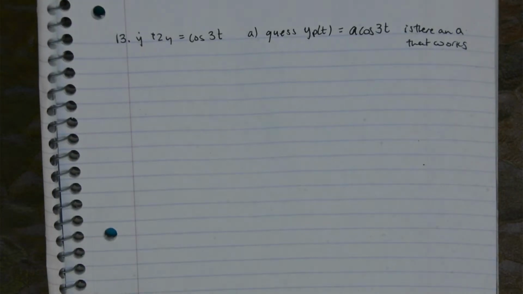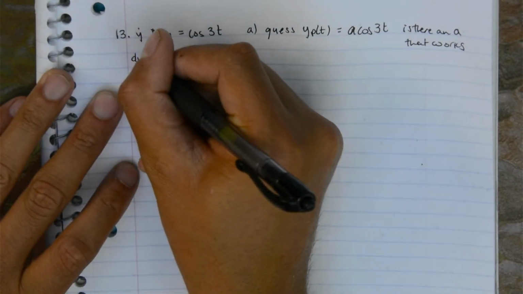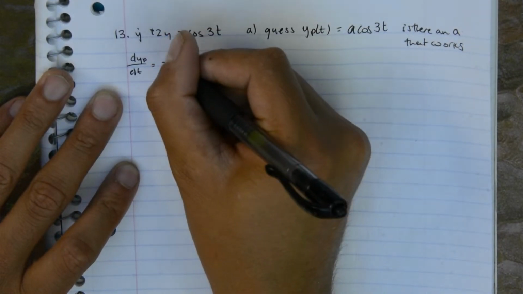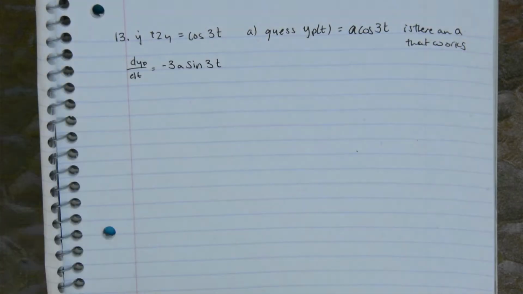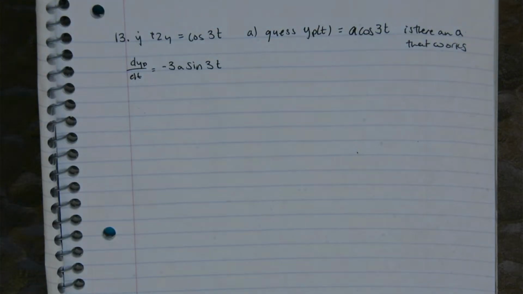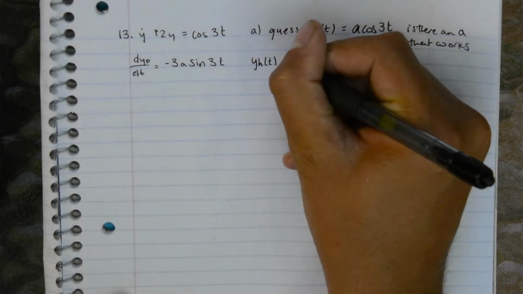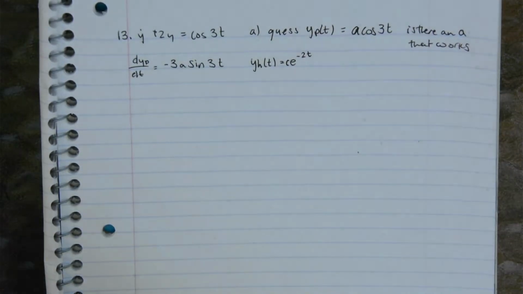So dyp/dt is equal to minus 3a sine 3t. And yh of t is going to be equal to c e to the minus 2t.